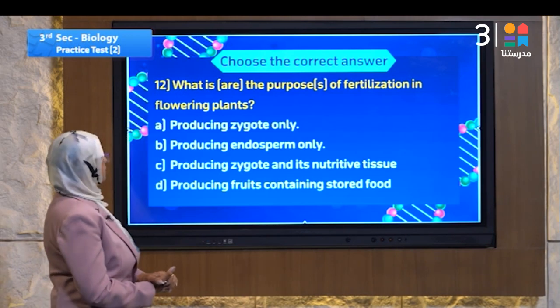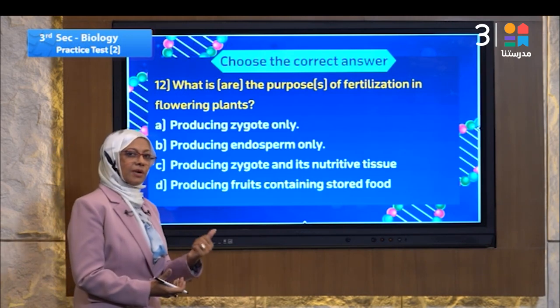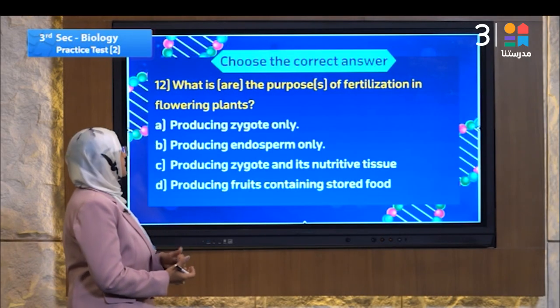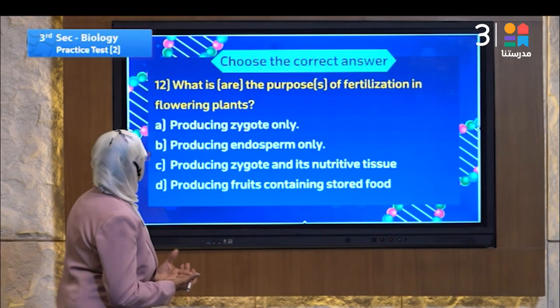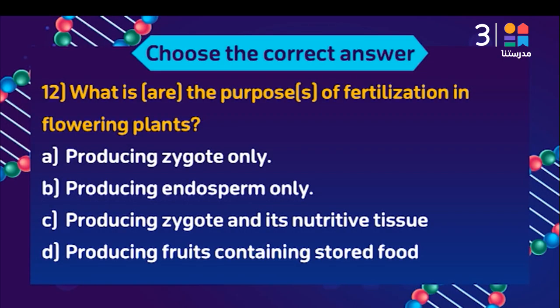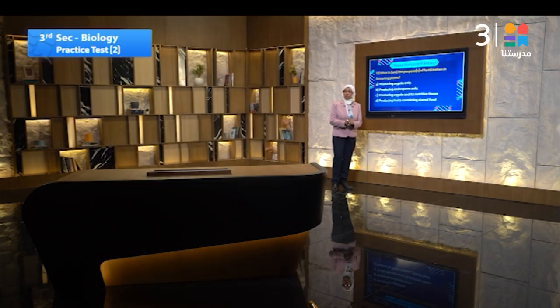Question 12 speaks about fertilization in flowering plants. Let's read the question and choices carefully. What is or are the purposes of fertilization in flowering plants? What is the meaning of fertilization?